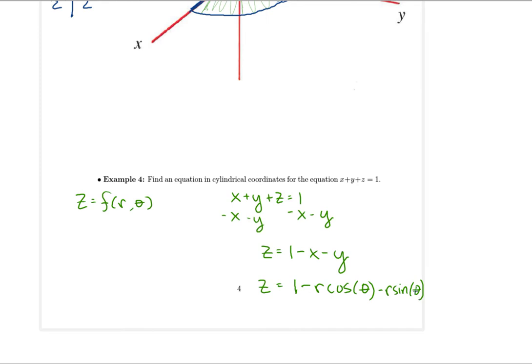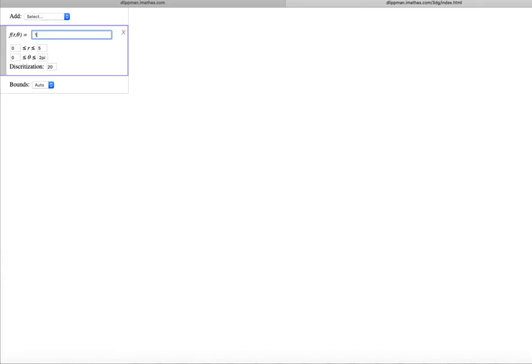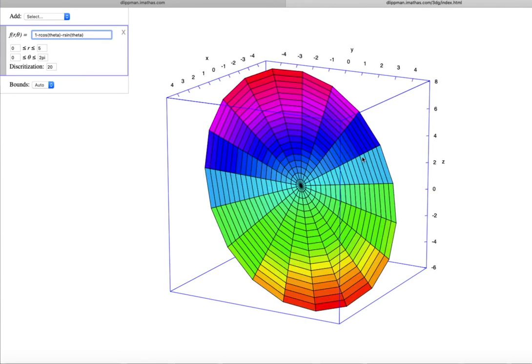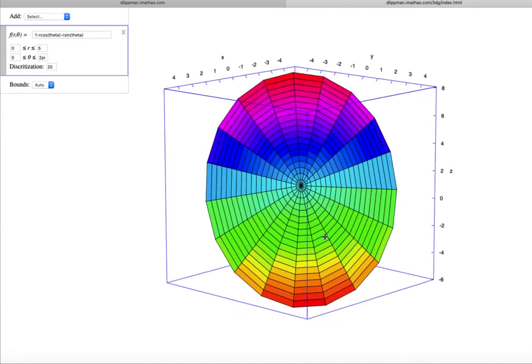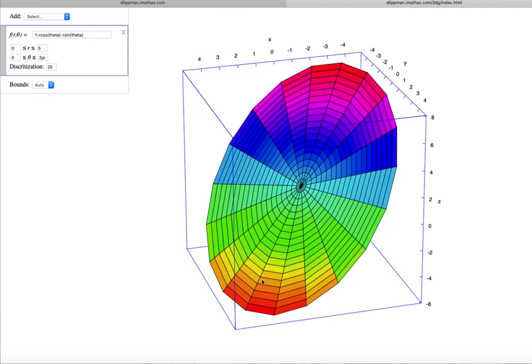If I type that in to our grapher, hopefully what we'll see is a plane. So let's try that. 1 minus r cosine theta minus r sine theta. Now at first you might look at this funny, but it is a plane. It's completely flat. It's just making the circular disk here because of the values that it's choosing to graph, because I'm giving it instructions to graph from r equals 0 to 5 and theta equals 0 to 2 pi.